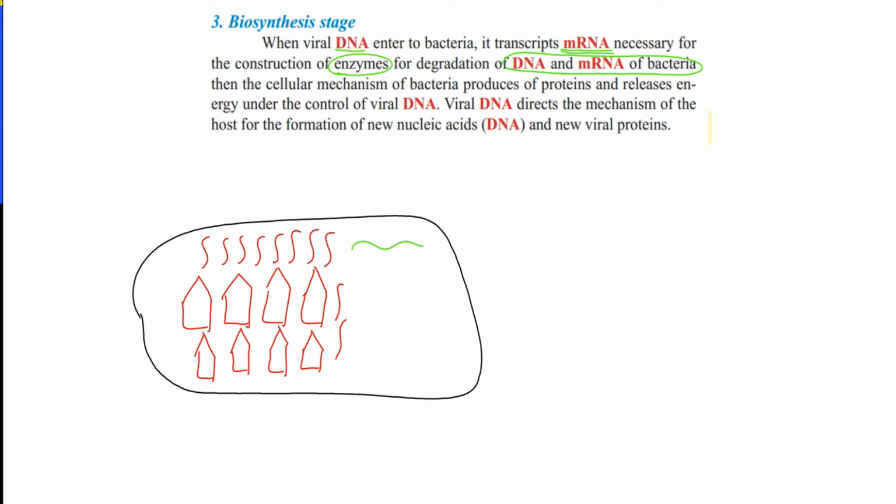Simply we can say in biosynthesis stage, the viral DNA which is injected in the cytoplasm of host cell in penetration stage produce enzyme, broke down DNA and RNA of bacteria, take control of cell and produce proteins and new viral DNA for construction of new viruses.